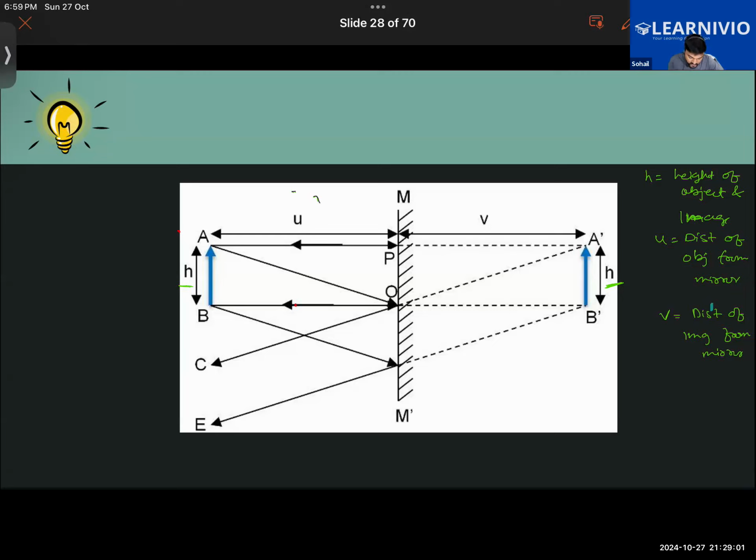BN is incident on the plane mirror like this and got reflected back in this manner. So all these rays fall on the plane mirror and got reflected back. Is that clear to everyone? If there's even the slightest doubt, please ask me. Chakrika, you tell me.